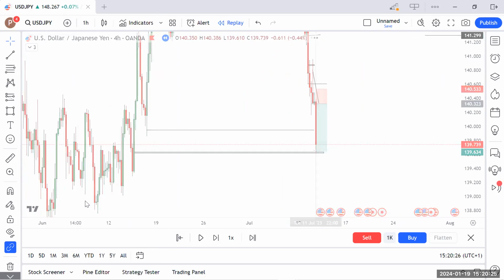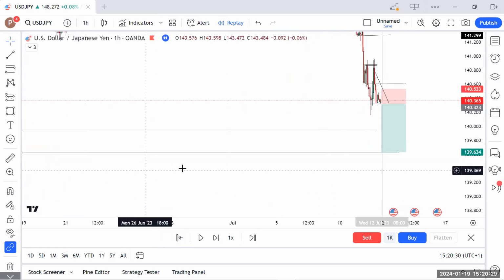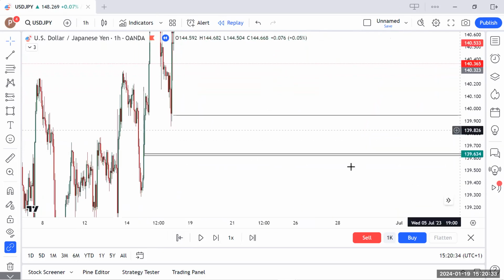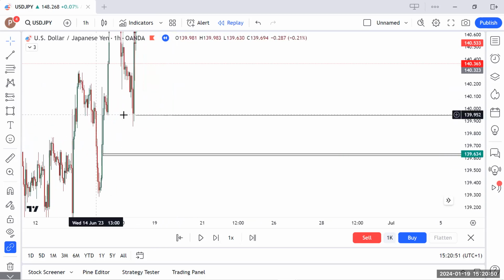On the 1 hour now, we can come closer and see it. When we go all the way to the left, we can see how price created a demand, this inverted hammer candle pushing price to the upside and then created an engulfing candle here. So the demand is at the tip of this bullish candle at the end of its wick.